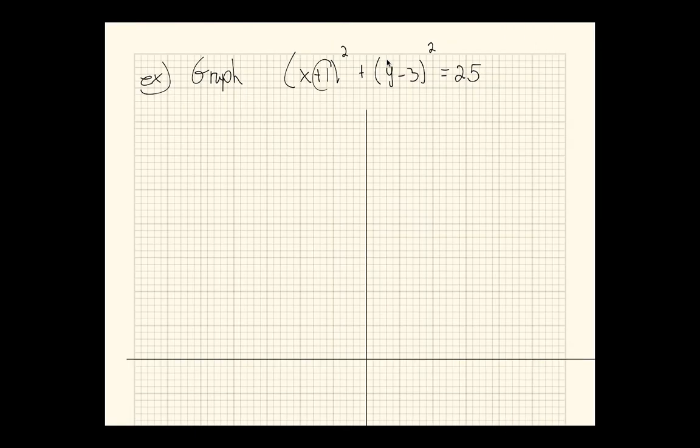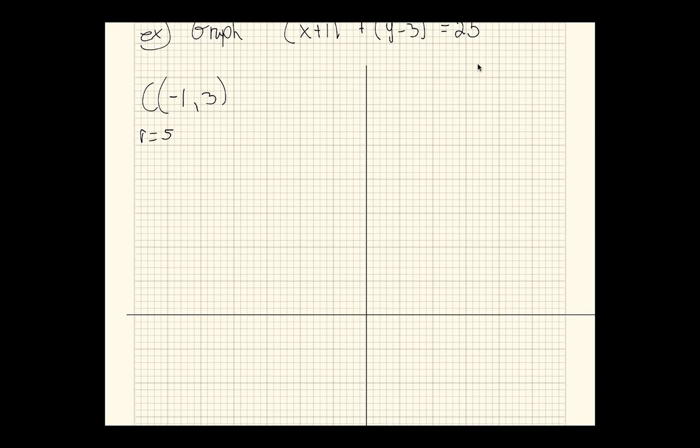So if this is a positive 1, h is actually a -1 because there's a minus in the equation. Hope you guys are used to that. And then y minus 3 means we have a y coordinate of 3. And if this is 25, technically this is r squared. So we don't have a radius of 25. We have a radius of the square root of 25, which is just 5.